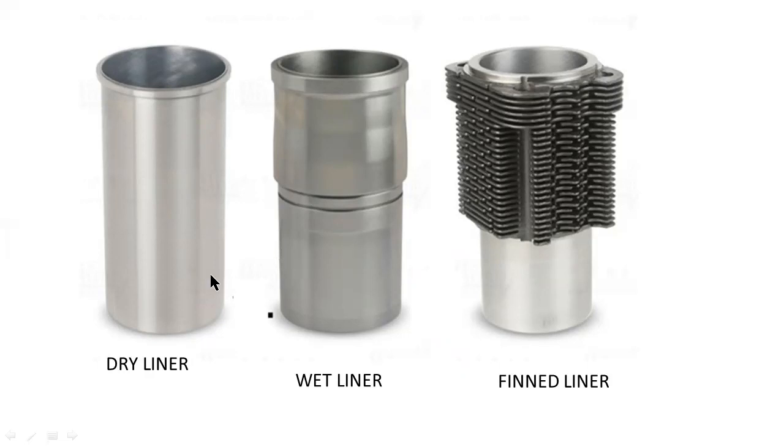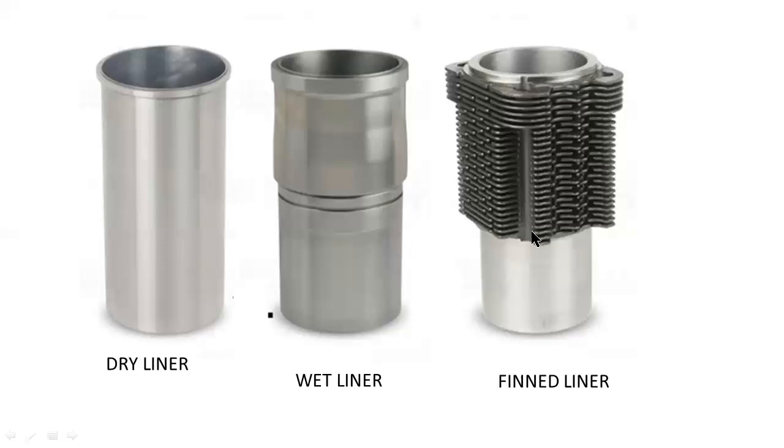Here you can observe that for dry liners the surface of the liner is in uniform cross section. But in wet liners there are grooves on the outside surface of the cylinder liner.